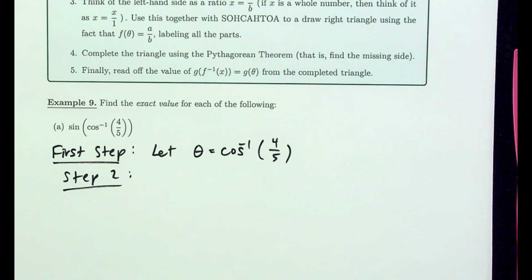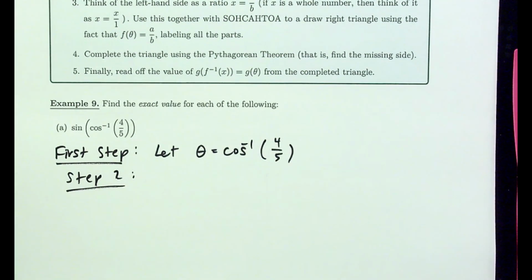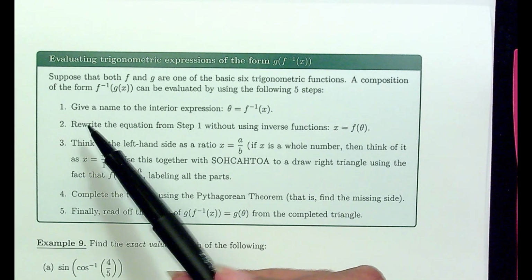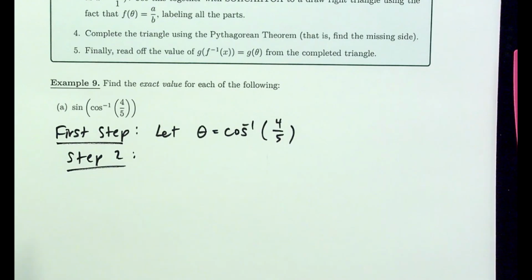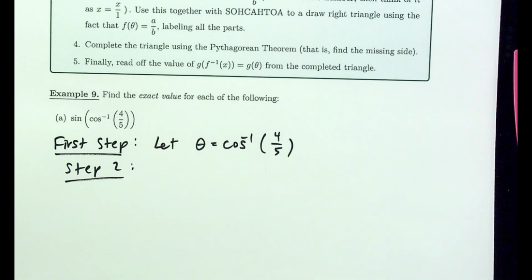Step 2 is rewrite this without using inverse function. For reference, I wrote all the steps here in words. I'm not going to do that here. But step 2 is rewrite everything without inverse functions.